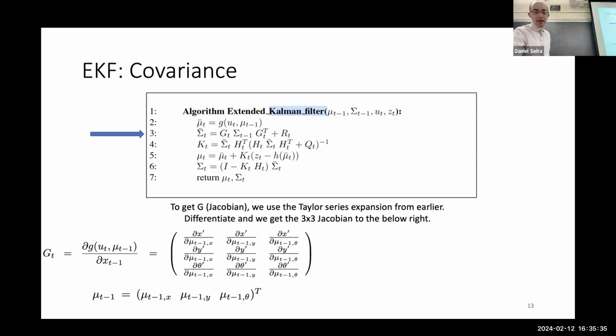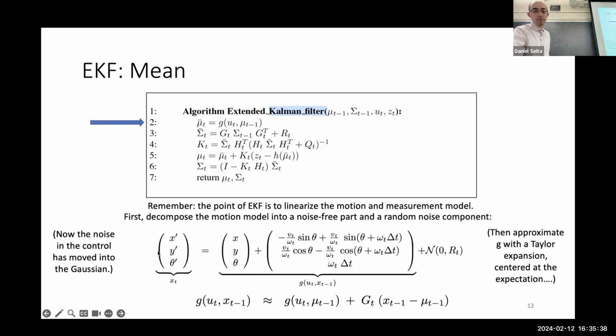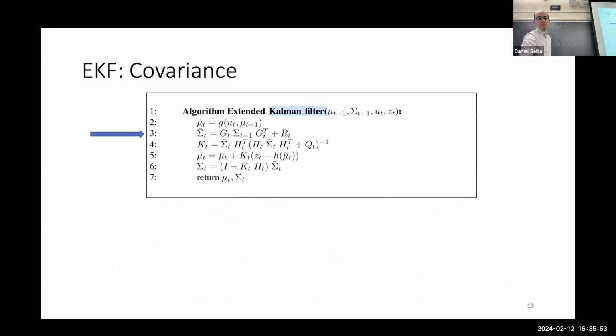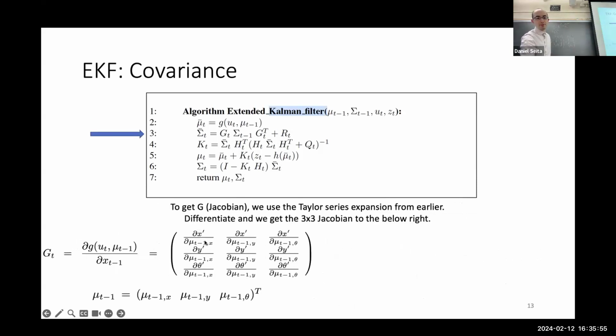In our case, again, the output is this thing here, and it plays the role of this thing here. F1 is just the first component, and Fm is the last component of it. This is what x prime, y prime, and theta prime mean.